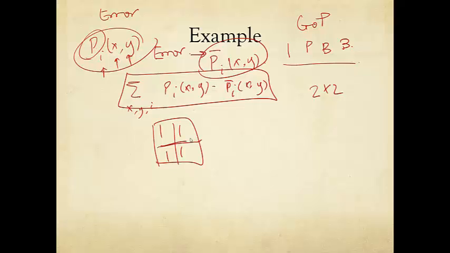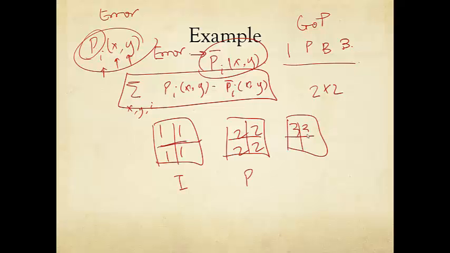I doubt this will become a very popular YouTube video, but it gets even worse. Not only is it boring in one frame, it is very boring for all the future frames too. So the I frame is just all pixels 1, 1, 1, 1. The P frame is all pixels 2, and then all pixels 3, and then all pixels 4.